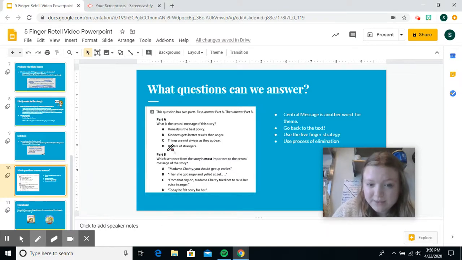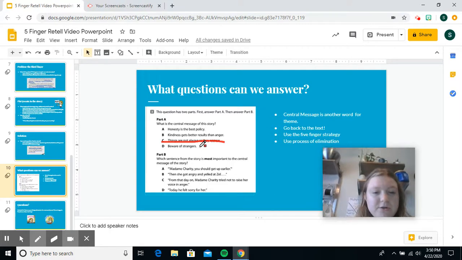So things are not always as they appear. That one doesn't really get talked about in our story that much. So I'm going to cross that one off. All right. Kindness gets better results than anger. That is about kindness. Honesty, I don't know if they talk about honesty. Beware of strangers. There are some strangers in the story, right?